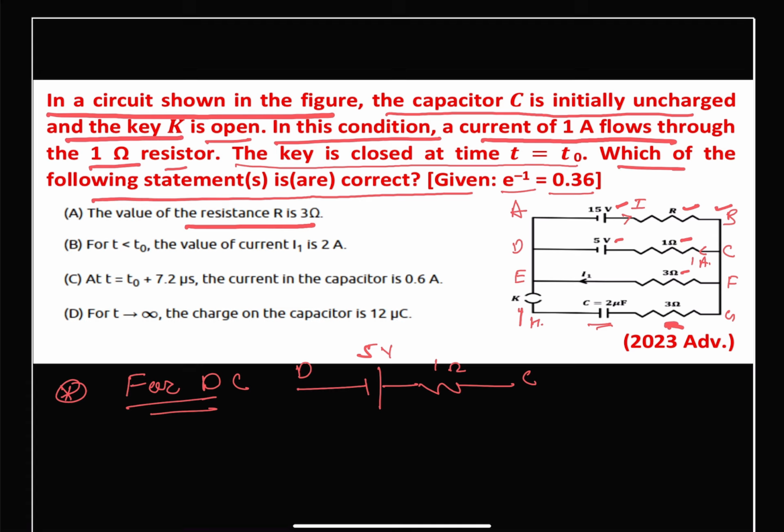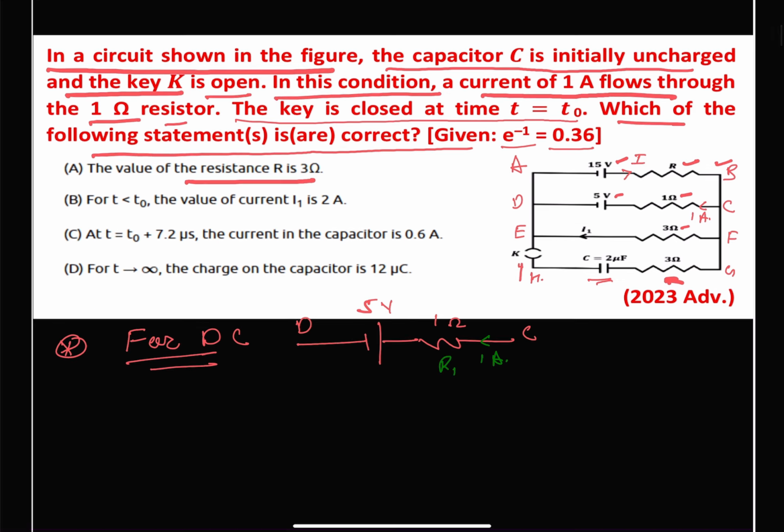Let us call this resistance R1. So the voltage drop across R1 will be equal to 1 multiplied by 1, which gives us 1 volt.